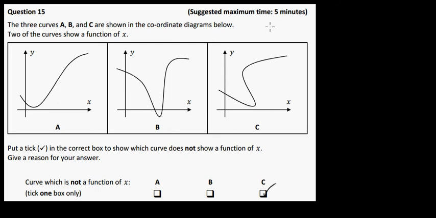However, here if we draw a vertical line, say down along here, you can see that this particular x value will have an output here. It will also have an output here, and it will also have an output here.